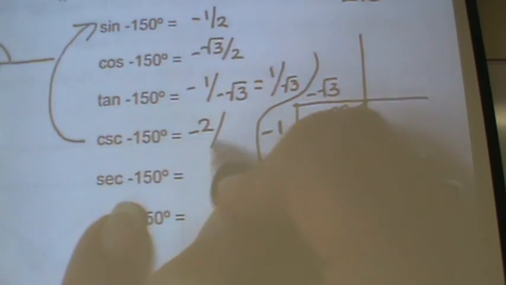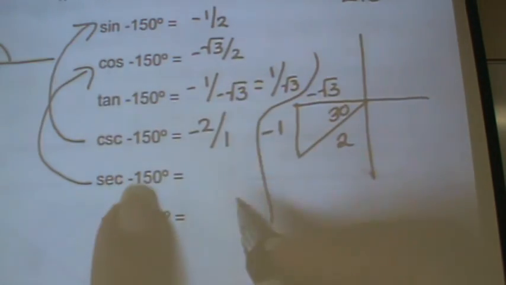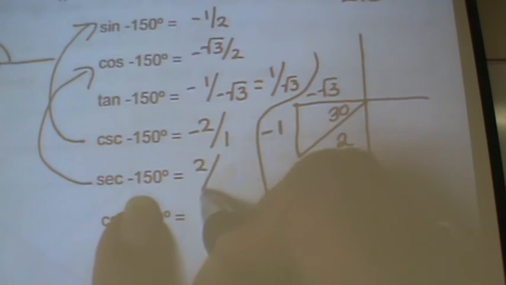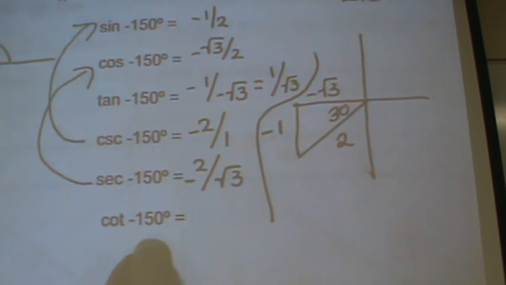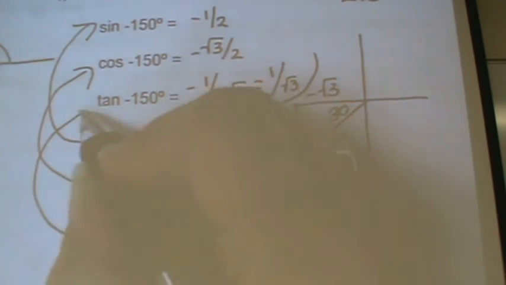And then these ones are just these flipped. So this would be -2 over 1. This one is cosine flipped. So 2 over √3, and there's a negative in there. And I'm not rationalizing. And then this one is going to be √3 over 1 because it's tangent flipped.